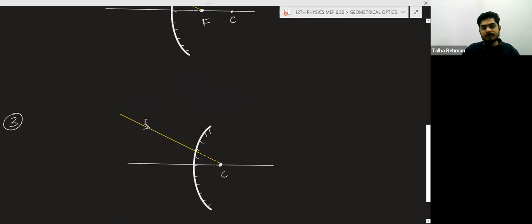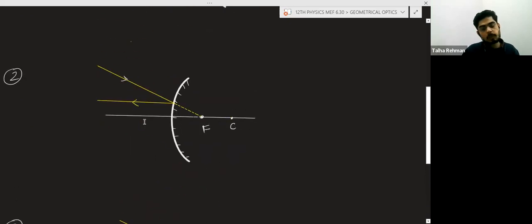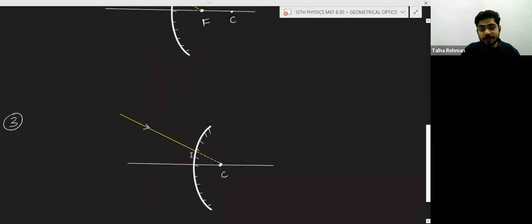Third rule, if a ray of light is going towards the center of curvature of a convex mirror, what will happen? It will retrace its path. Why will it retrace its path?